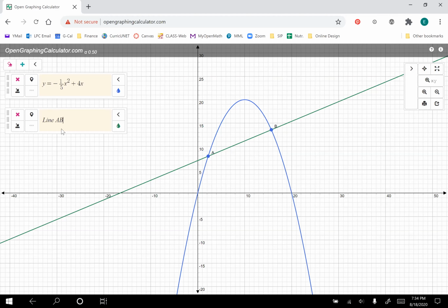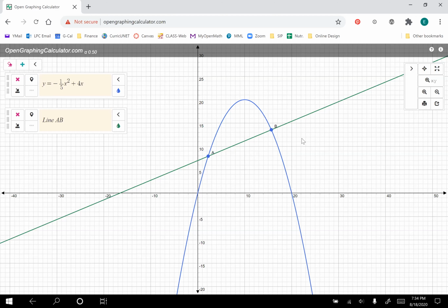Now we can see our secant line there cutting through the graph. Okay. And if we want to consider what this looks like as a tangent line, we need to see what happens if we allow B to approach A and see the limiting case of what happens to the secants there.